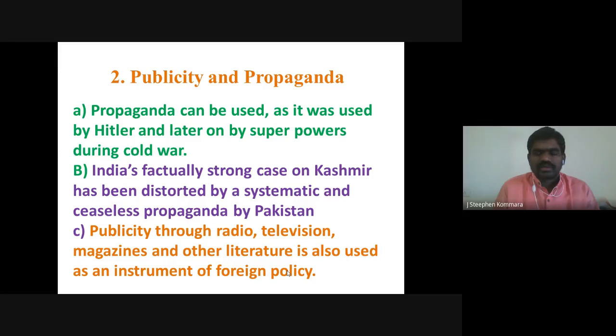But actually, Kashmir is our land. In many forums, Pakistan carries out very systematic, ceaseless propaganda, like in the UNO, SAARC, ASEAN, and so many international organizations.